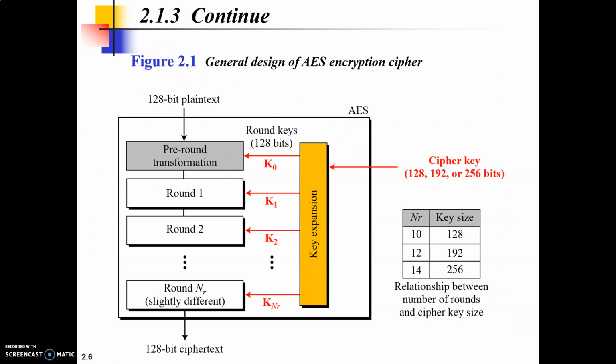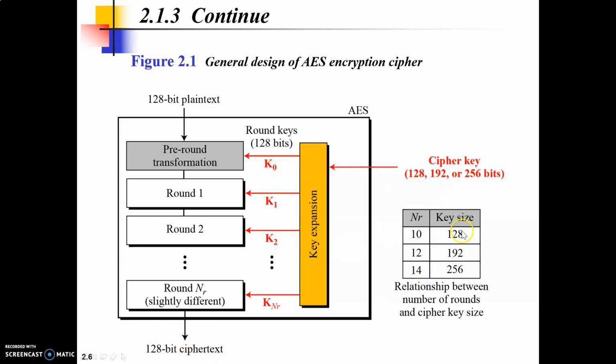This is the general design of the AES encryption cipher. In case of AES encryption, what we have is 128-bit plain text. We will send it as an input for pre-round transformation, after which there are going to be n number of rounds. So rounds can be either 10 or 12 or 14, and after these rounds finish, the result that we get is going to be a 128-bit ciphertext.